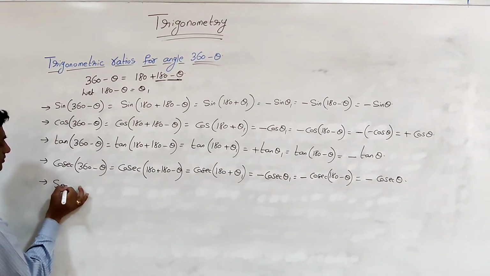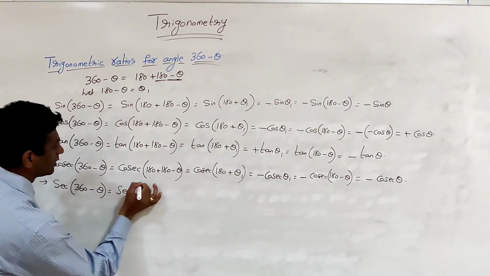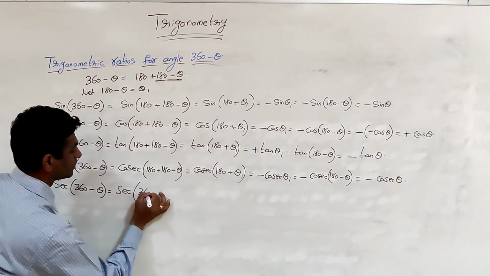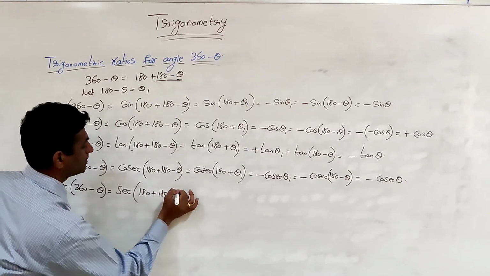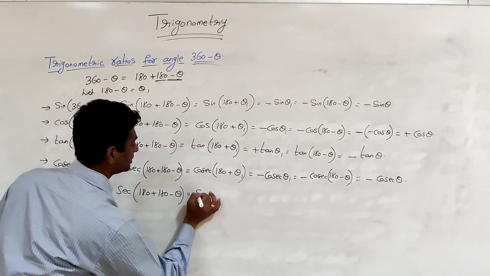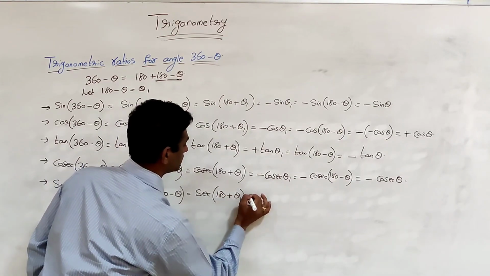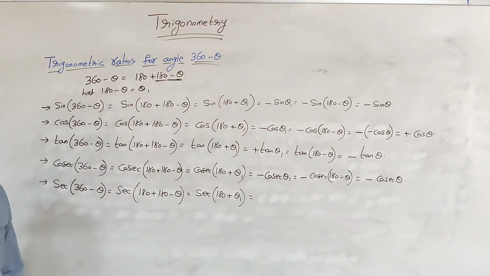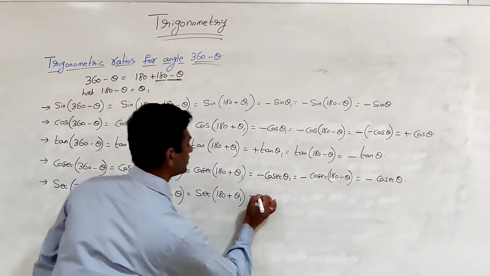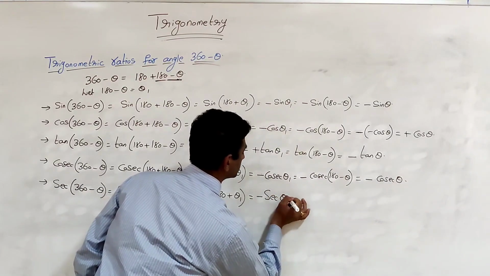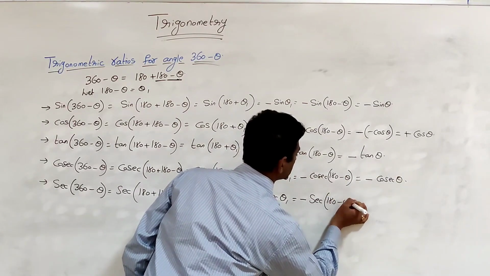Next, secant. Secant of 180 plus (180 minus theta) will be secant of 180 plus theta 1. Secant of 180 plus theta gives negative secant theta, but here it is theta 1, so we have minus secant theta 1, which is minus secant of 180 minus theta.